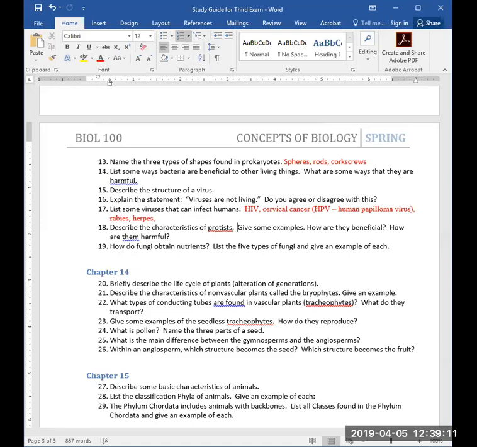There are different types of algae, and since they're photosynthetic, they produce oxygen too. So how are they harmful? What's some harmful? Let me get this here.